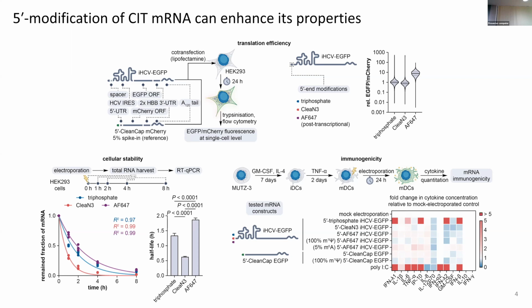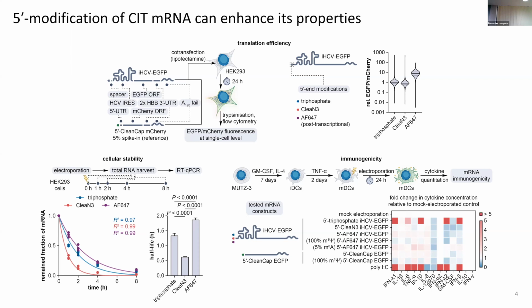This is because 5' triphosphate mRNA, in order to be degraded, has to first undergo hydrolysis of the triphosphate to monophosphate, and then the XRN1 enzyme can degrade the mRNA from the 5' to 3' end. However, in the case of azide, it can probably be recognized directly by the XRN1 enzyme to trigger degradation.